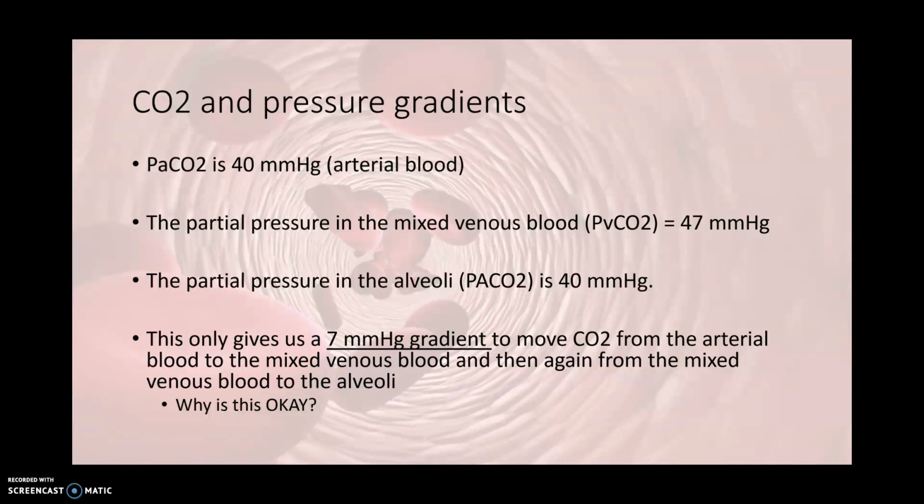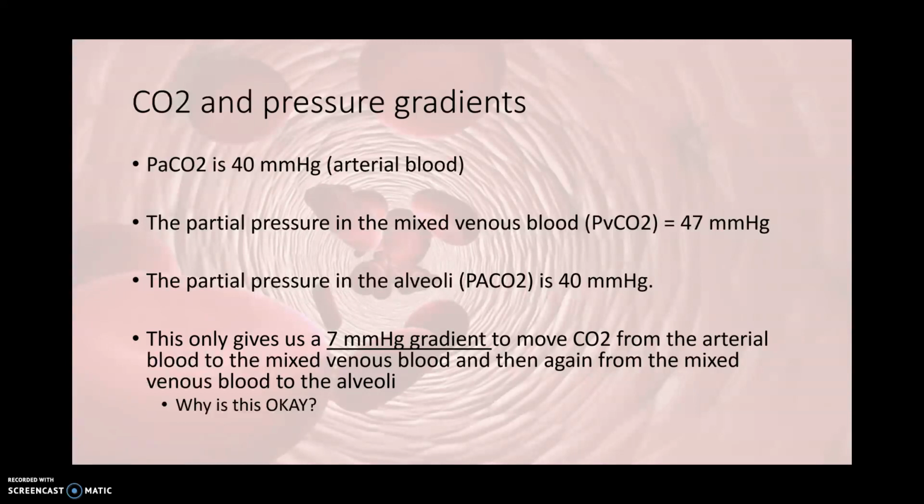Now the partial pressure in the mixed venous blood, so going over to the other side of circulation, that's PvCO2, is about 47 millimeters of mercury. That gives us a 7 millimeters of mercury gradient for carbon dioxide to be exchanged from the arterial blood into the venous blood.